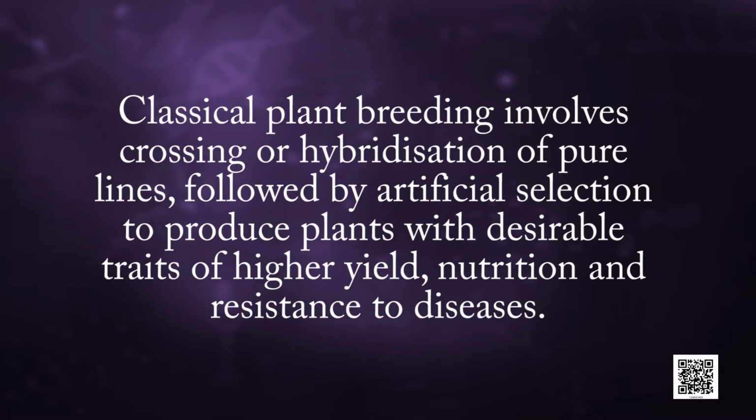Classical plant breeding involves crossing or hybridization of pure lines, followed by artificial selection to produce plants with desirable traits of higher yield, nutrition and resistance to disease. With advancement in genetics, molecular biology and tissue culture, plant breeding is now increasingly being carried out by using molecular genetic tools.